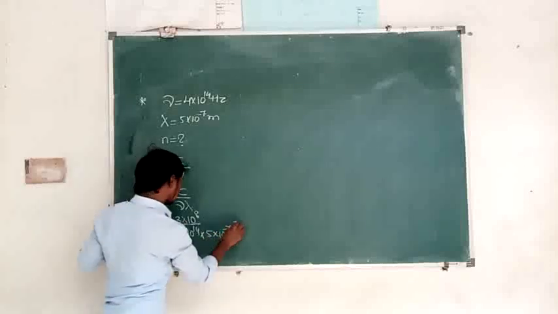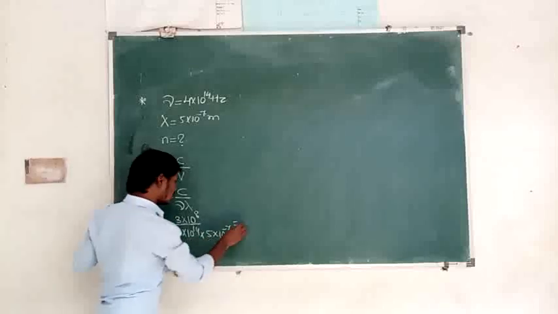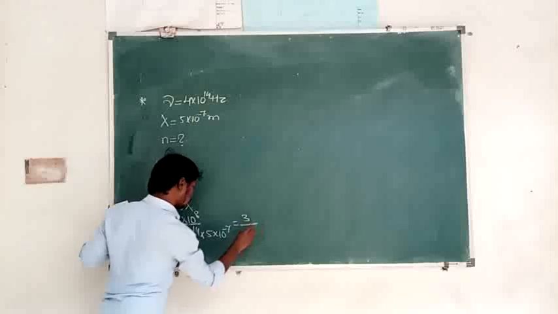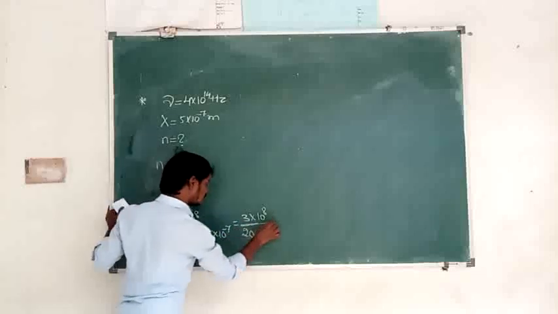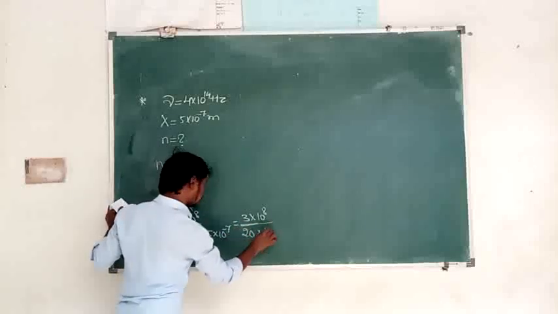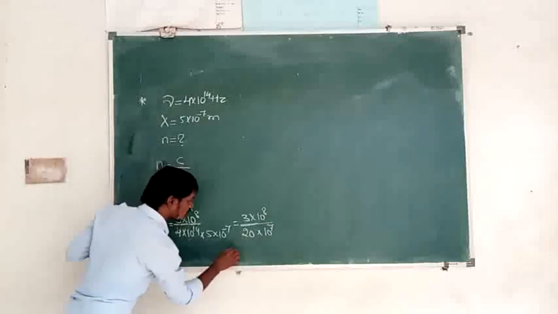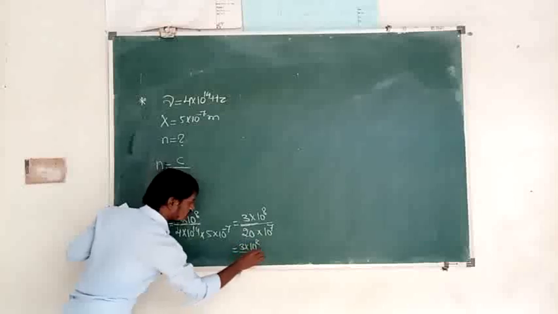So here 3 into 10 to the power of 8 divided by 4 into 5, that is 20, so 3 into 10 to the power of 8 divided by 10 to the power of 7. I will write this as 3 into 10 to the power of 8 divided by 2 into 10 to the power of 8.